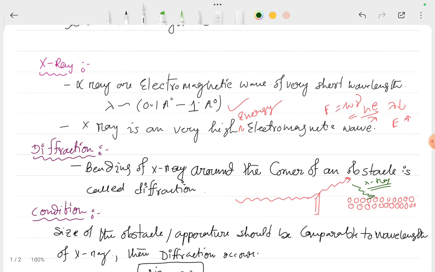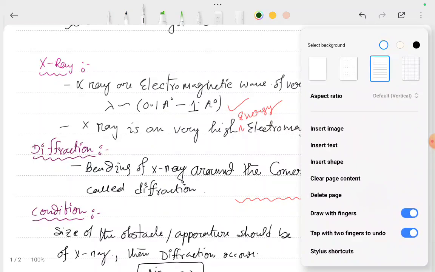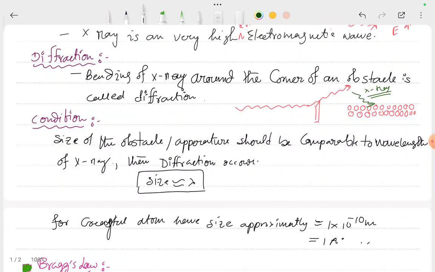So we already know the conditions of diffraction. Actually, what the conditions for diffraction are, we know, but it is also important to know them. So as we know, diffraction will happen if the size of the obstacles and apertures is comparable with the wavelength of X-ray. It means, I just tell you, this is an atom, and an X-ray is incident on it.